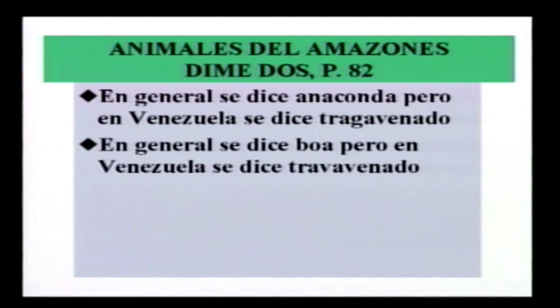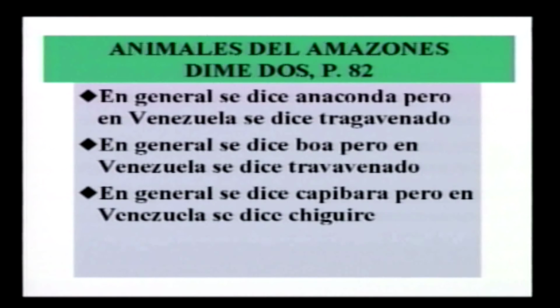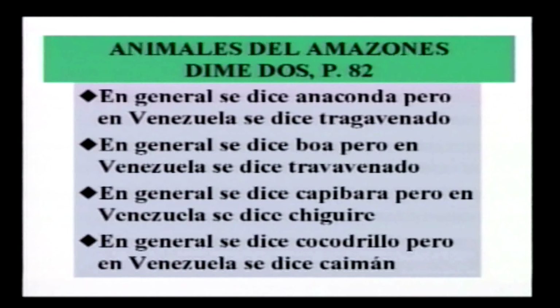En general se dice boa, pero en Venezuela se dice lo mismo, tragavenada. En general se dice capibara, pero en Venezuela se dice chigüeri, chigüeri.